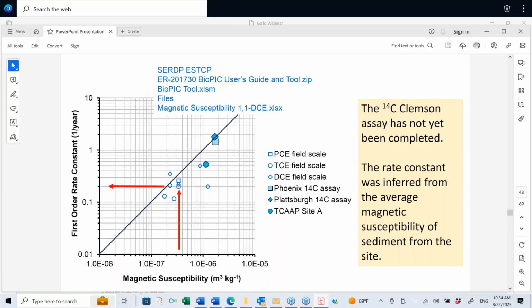And so there's a fair scatter of those, but you'll notice that many of them are sort of concentrated around a value of 3 times 10 to the minus 7 cubic meters per kilogram, magnetic susceptibility, predicting a rate constant of about 0.02. So I'm going to say, if I had to guess, based on the magnetic susceptibility at this site in Cape Cod, that rate constant of 0.2 per year would be the most plausible.